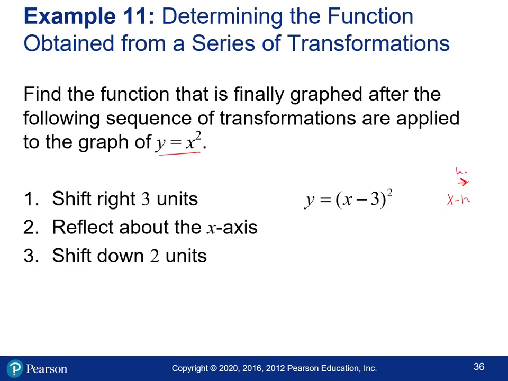Then we're reflecting about the x-axis, so there's going to be a minus out front of the whole function, minus f of x, to reflect or mirror about the x-axis. Then shifting down 2 units is just a -2 in the back, because that would shift our graph down by that many units.